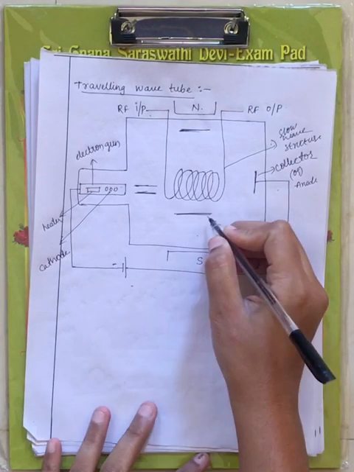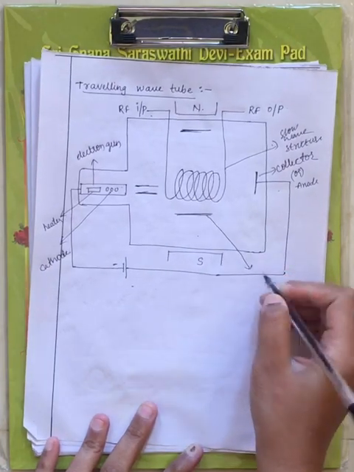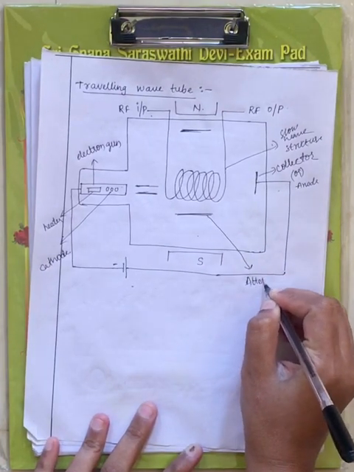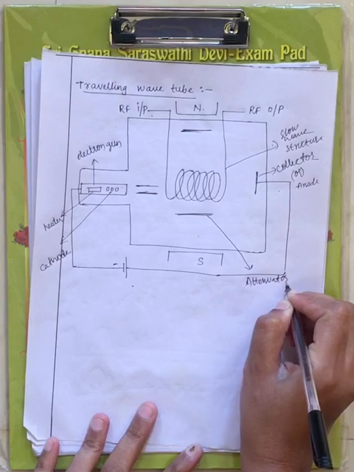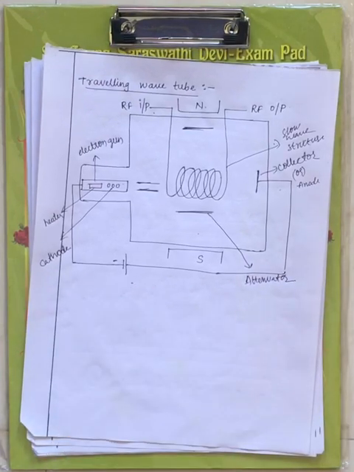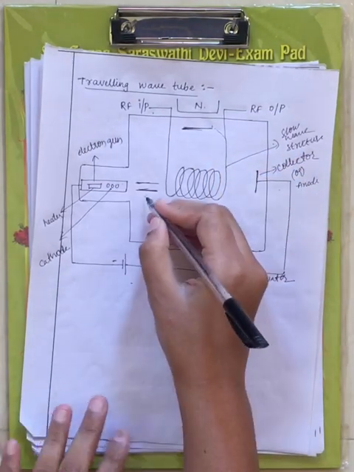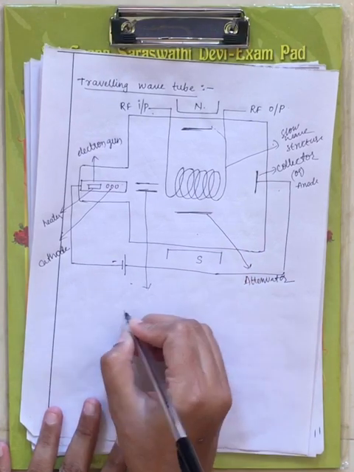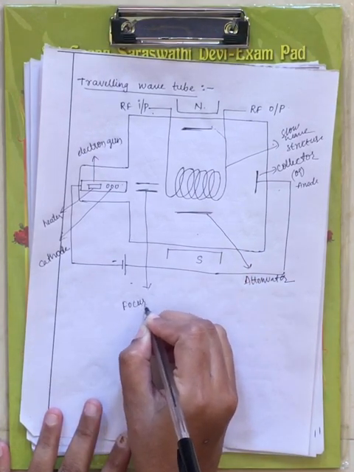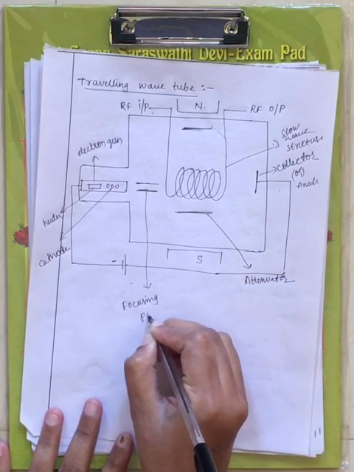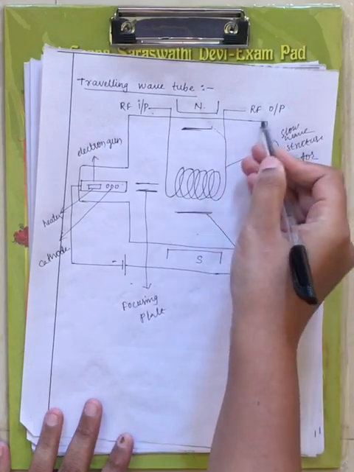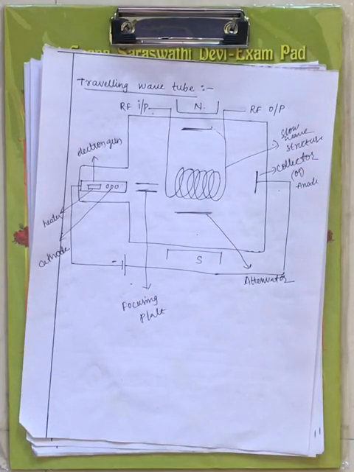Now this is the attenuator. An attenuator is placed before and after the helix slow wave structure, upper and down. These two are attenuators. And this is your focusing plate. The amplified signal is collected through this particular RF output.